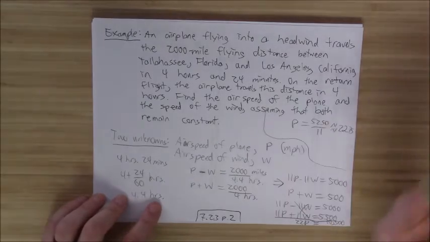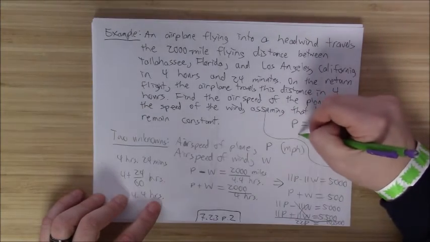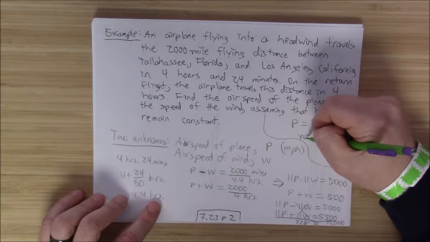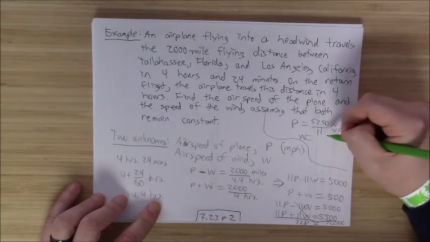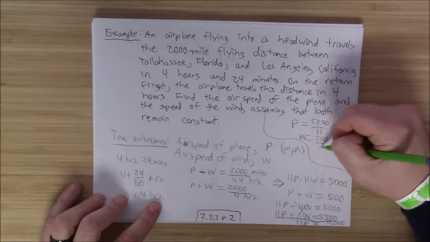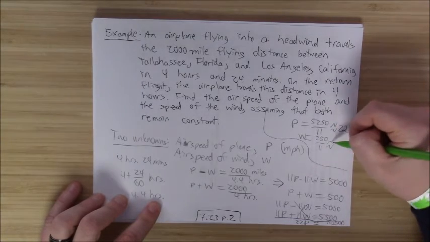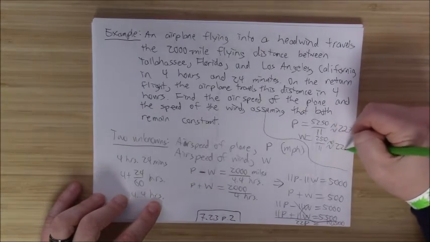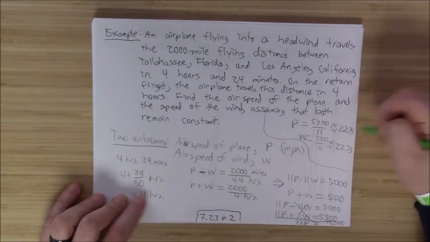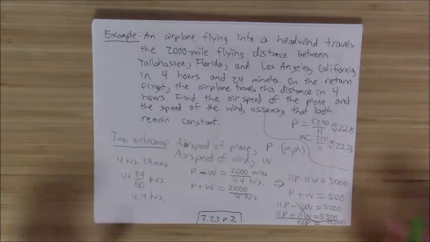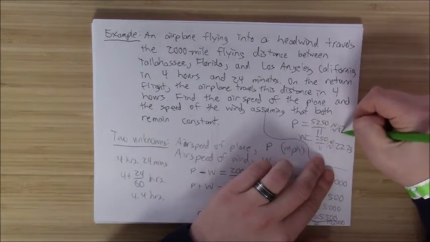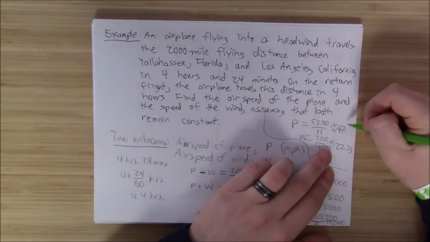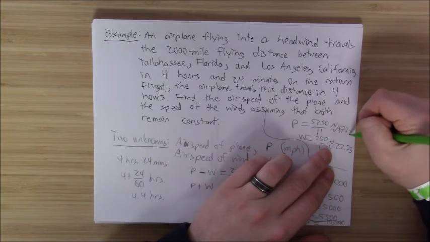And then if you substitute in and get the other value, you'll end up with W is equal to 250 over 11, which is approximately 22.73. And these are both in miles per hour. This is actually 477.27.